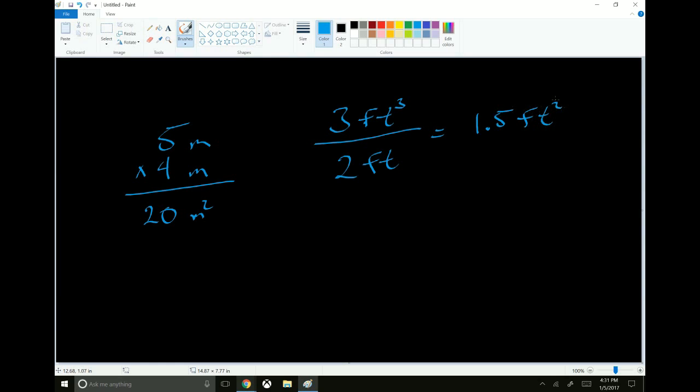So 1 plus 1 equals 2, 3 minus 1 equals 2. So multiplication means addition of exponents, division means subtraction of exponents.